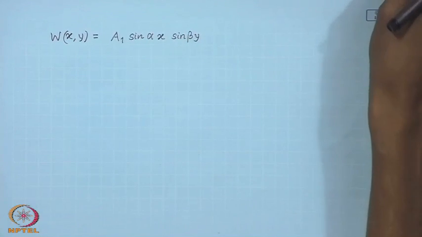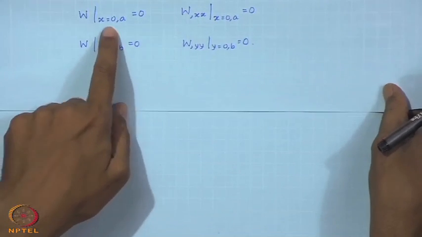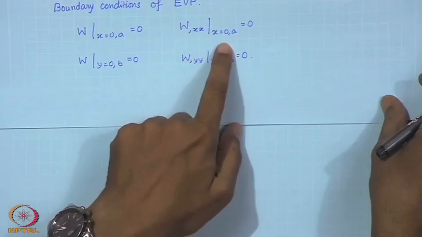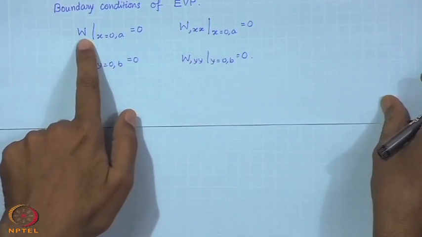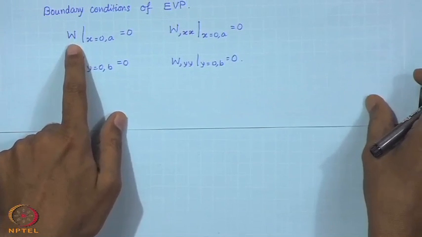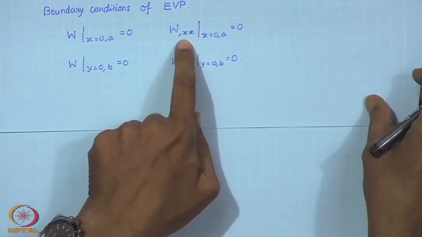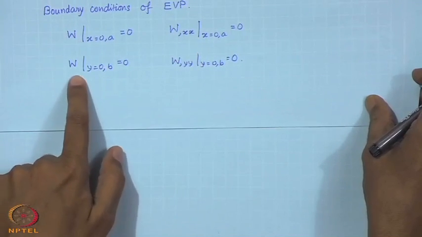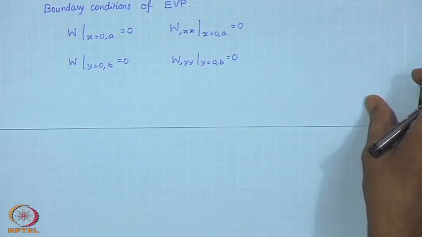Here we have used the conditions for x equal to 0, the displacement and the double derivative of the displacement, and again y equal to 0, the displacement and the double derivative of the displacement.